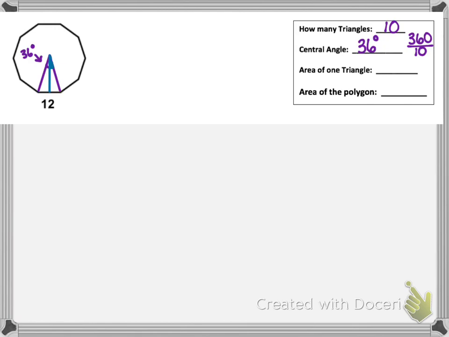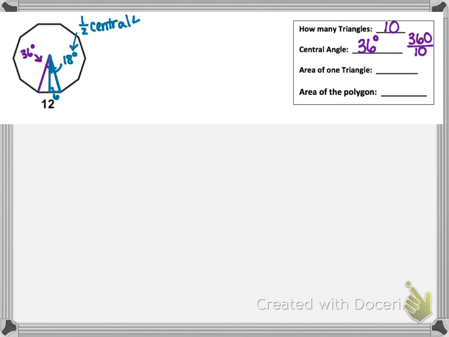So now I've got this little angle in here, and it is going to be 18 degrees because it is half of the central angle. And then right here, that little horizontal part of my blue triangle is going to be half the length of the side, so it's going to be 6 down here.